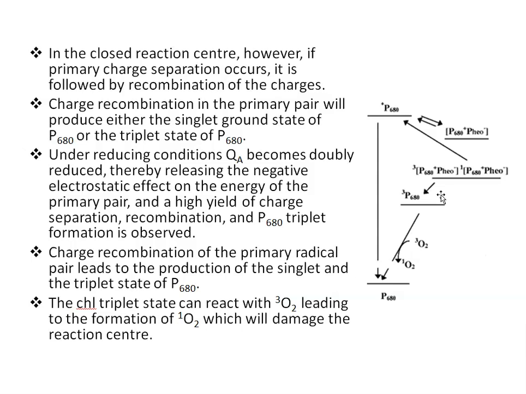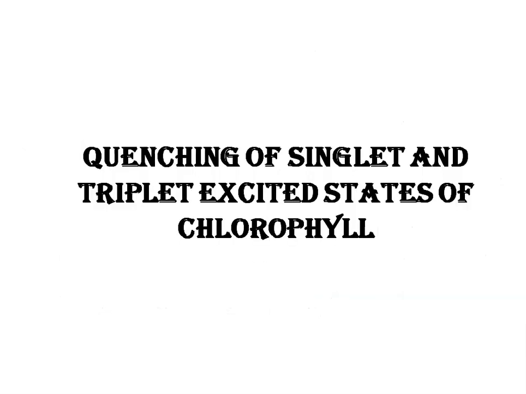So, charge recombination of the primary radical pair leads to the production of singlet and triplet P680. Then the chlorophyll triplet state can react with triplet oxygen, leading to the formation of singlet oxygen, which will damage the reaction center. So singlet oxygen is a problem.